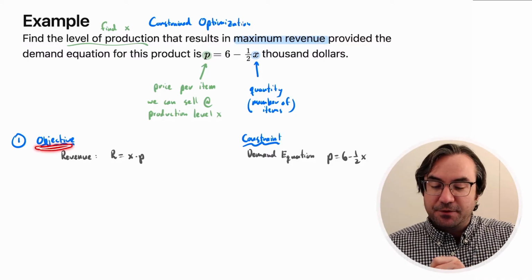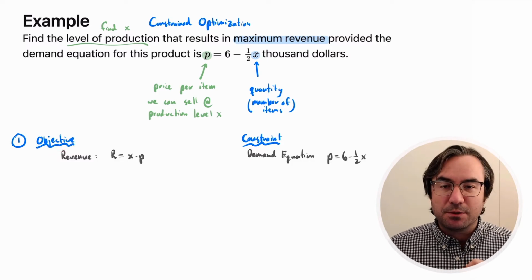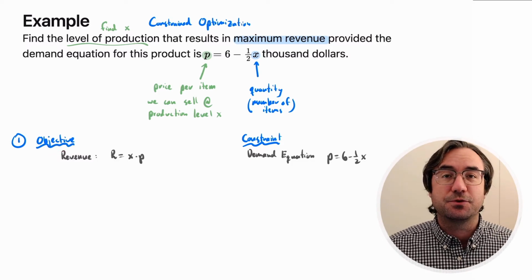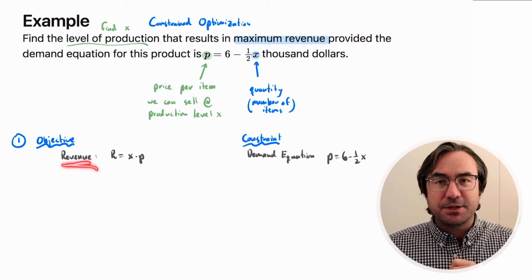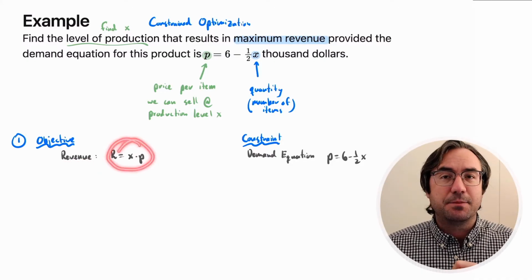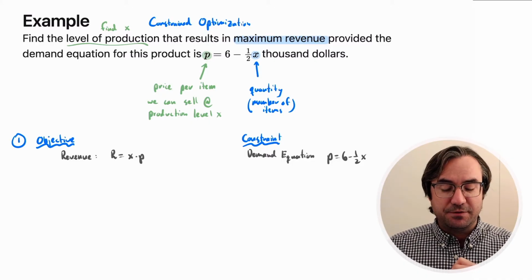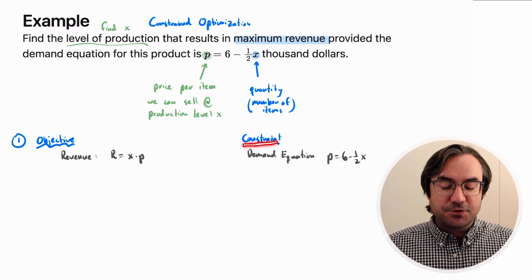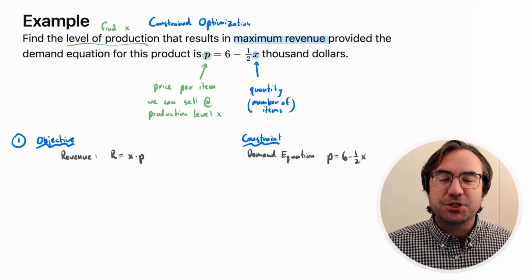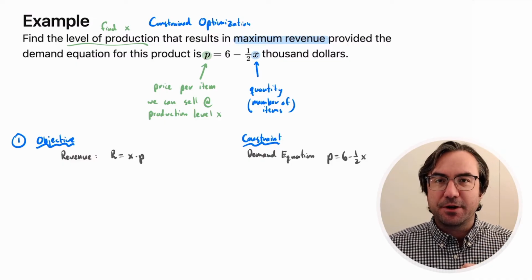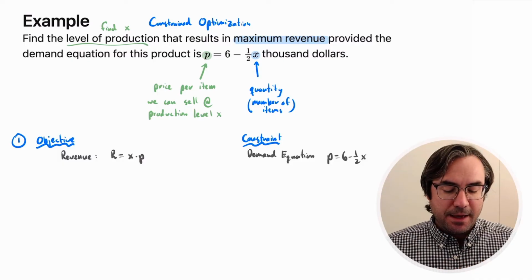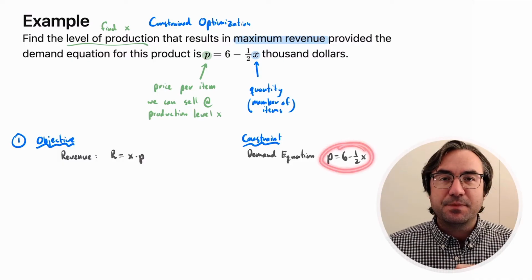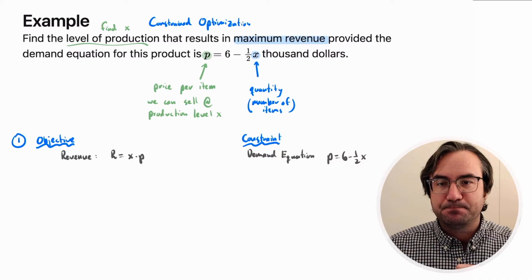The objective in these constrained optimization problems is whatever we're trying to find the largest or the smallest of, the maximum or the minimum for. So in this case, we want to maximize revenue. So we've got our revenue function here, our objective now. And the constraint is extra information that puts some limitation on our variables. So right now our two variables are x and p, and they can't just be anything. They have to satisfy this equation.